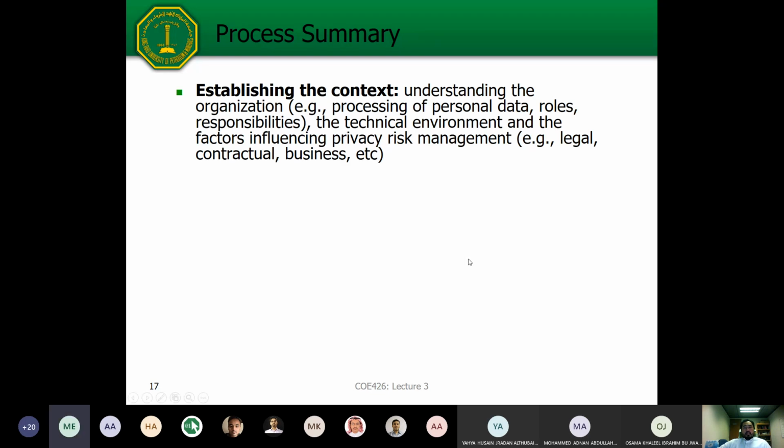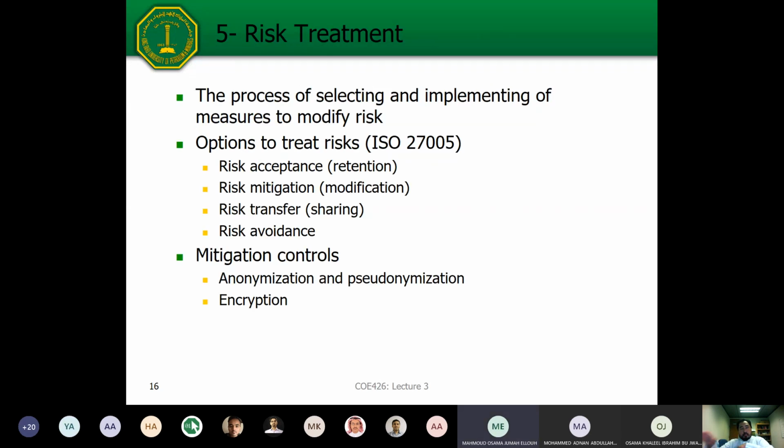And Doctor, yes, I have a question. If you go back to the slide, I didn't understand the risk sharing or risk transfer. Right. Risk transfer has many meanings, but one of them is if an organization can get an insurance company on board.